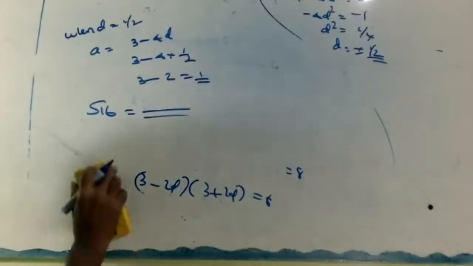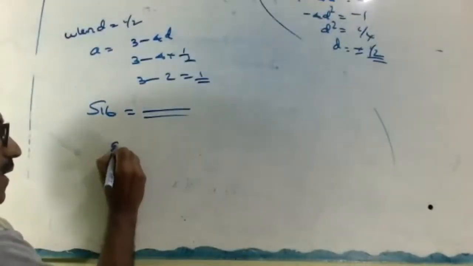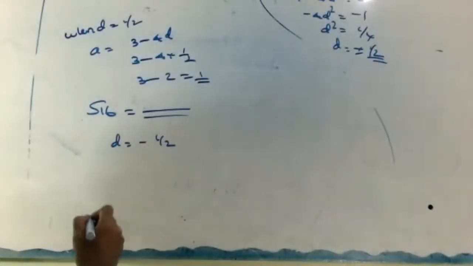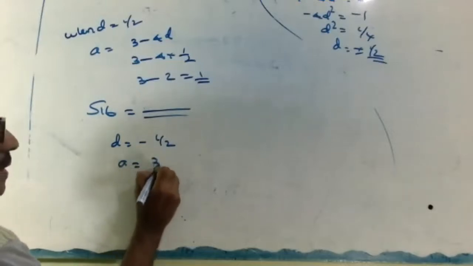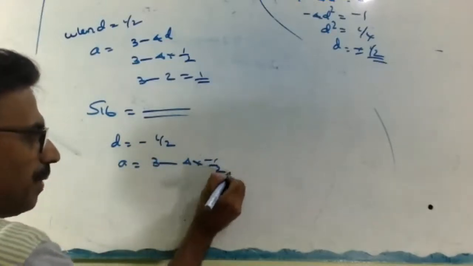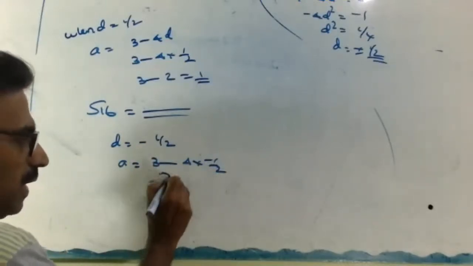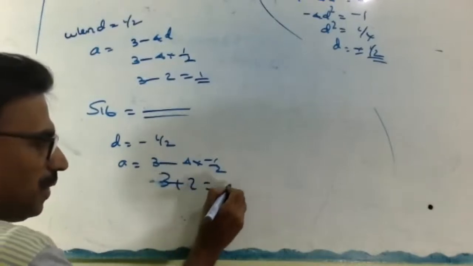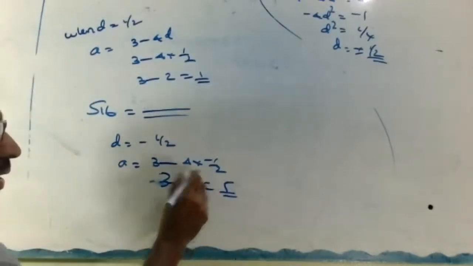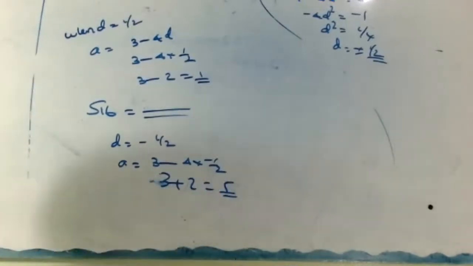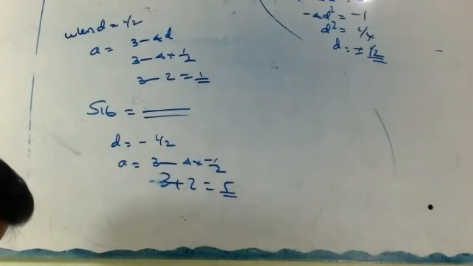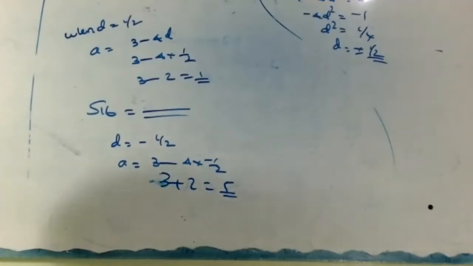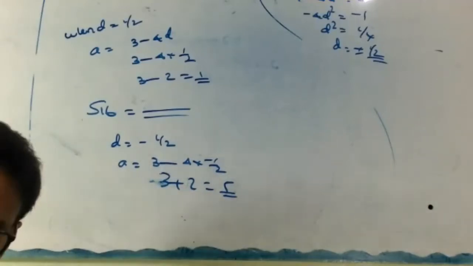Second part: when D equal to minus 1 by 2, A equal to 3 minus 4 into minus 1 by 2, 3 plus 2 equal to 5. So D equal to minus 1 by 2, A equal to 5. Then again you find out S16. So we'll get two answers. One answer is 76, next is 20.